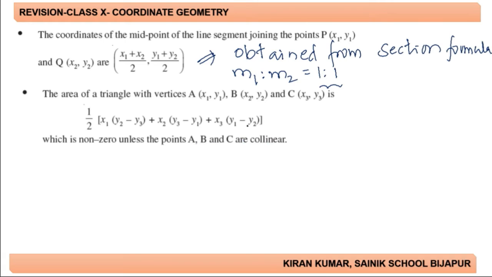If the points are collinear, the area will be equal to 0. This is the formula for finding the area of a triangle.